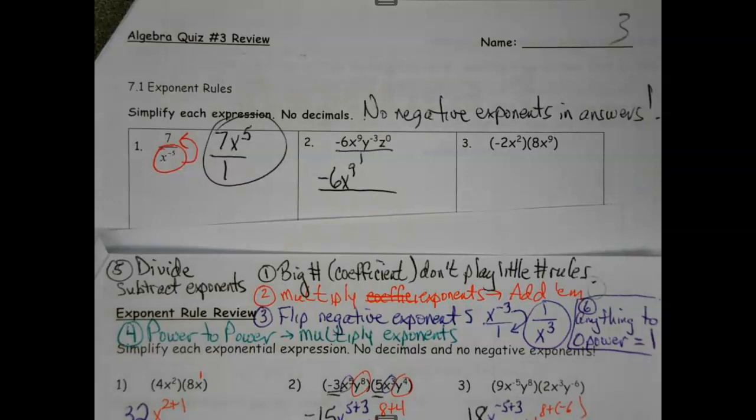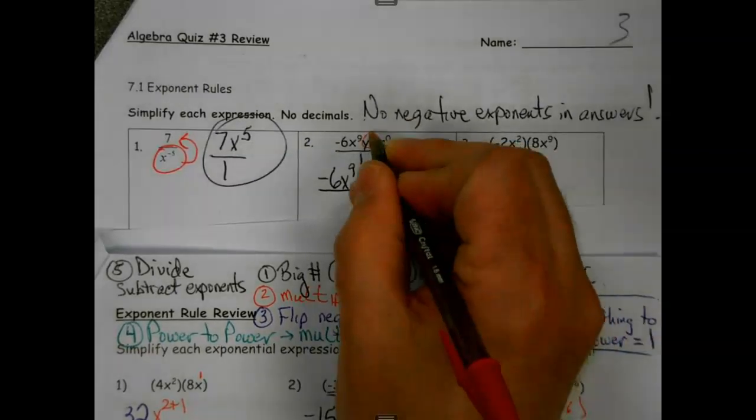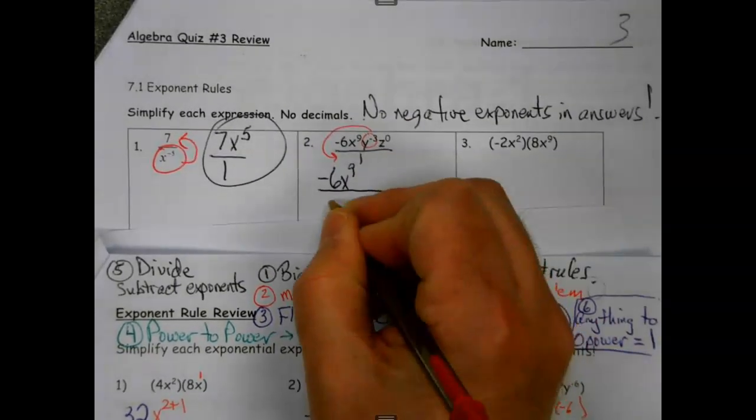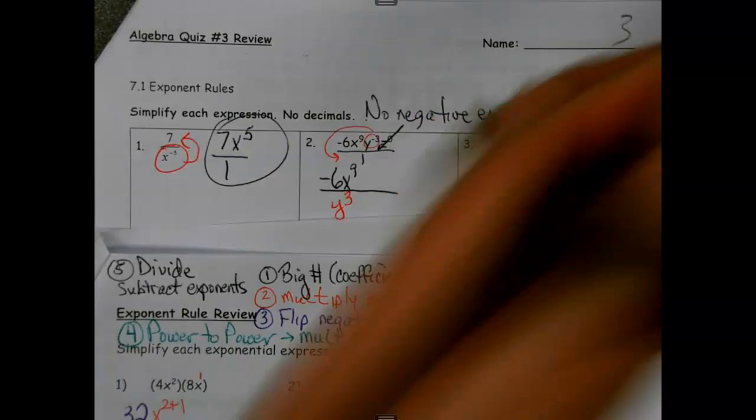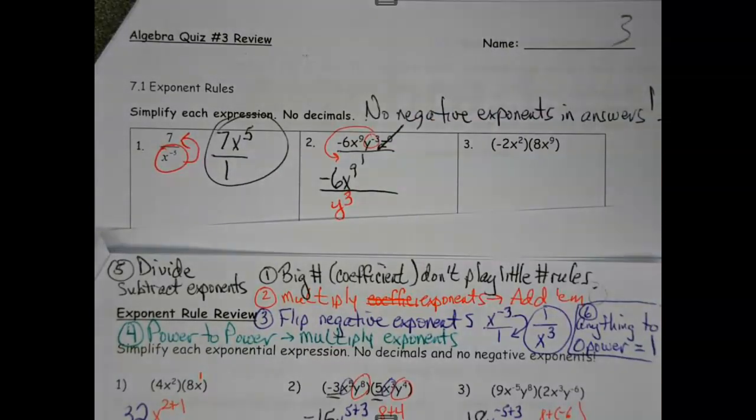Y to the -3rd, though, is not behaving itself. It needs to be flipped down to the denominator. And then z to the 0 is 1. It just goes away.